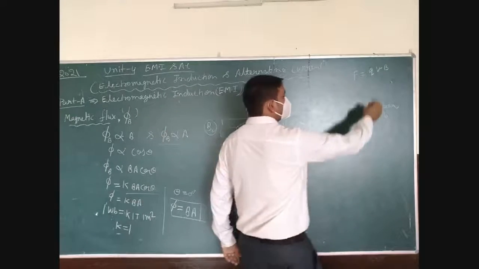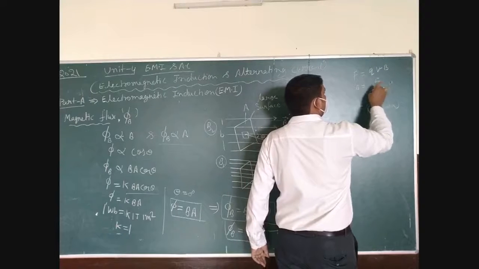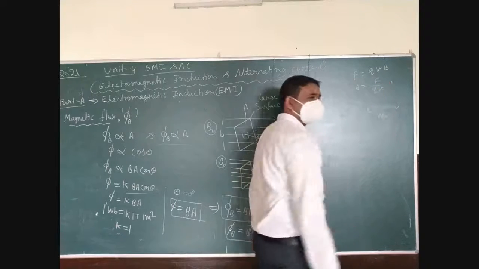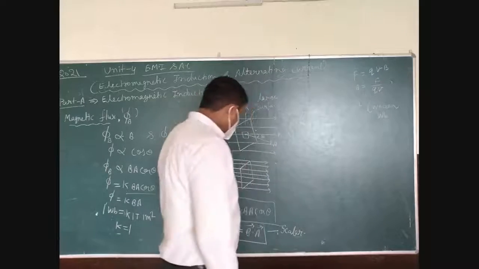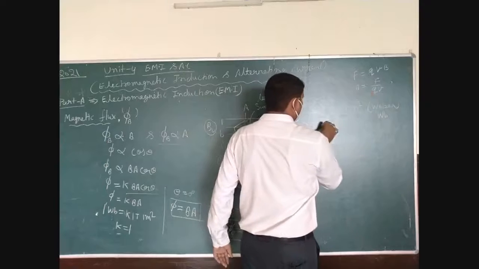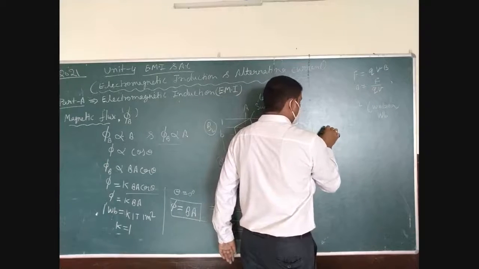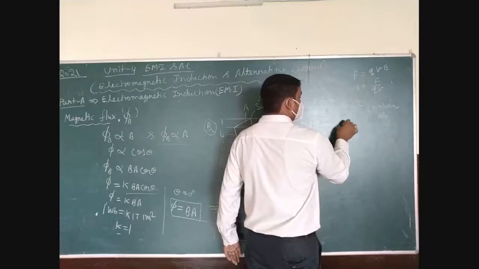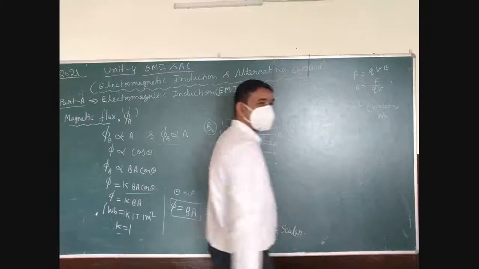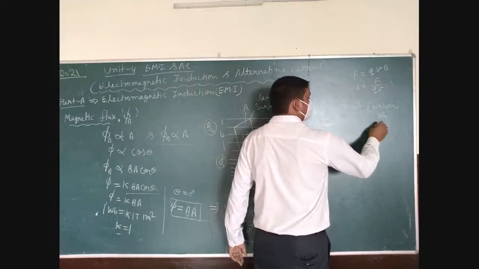So make the dimension of B from here: B is equal to F upon QV. Okay, and you have this A. Therefore, you can use in place of B, F upon QV, times A cos theta. Clear? Now, cos theta is dimensionless.